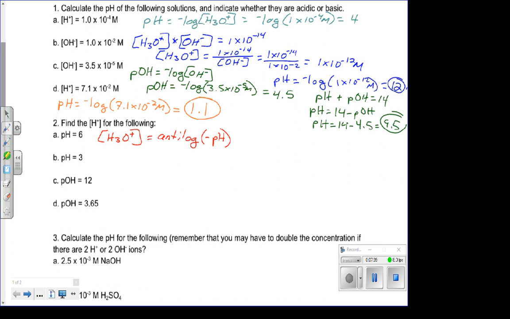So, this first one is antilog of -6. And if we got a whole number, you're going to have a 1 in front of the times 10 part, and that whole number is going to become the exponent.